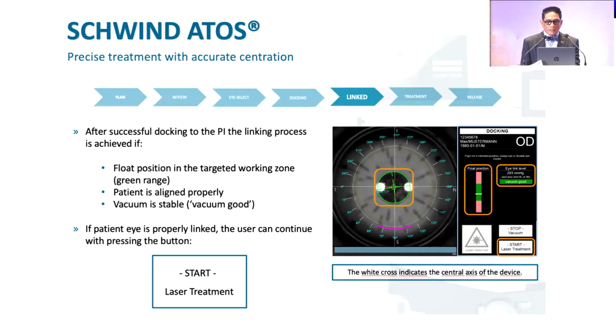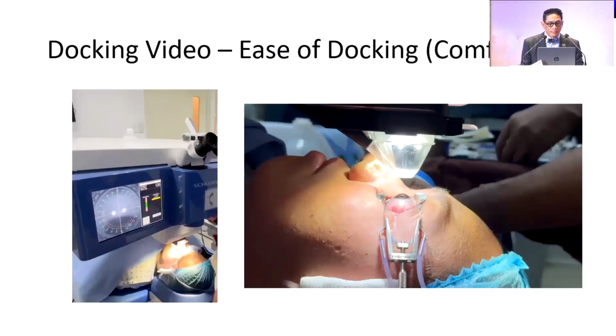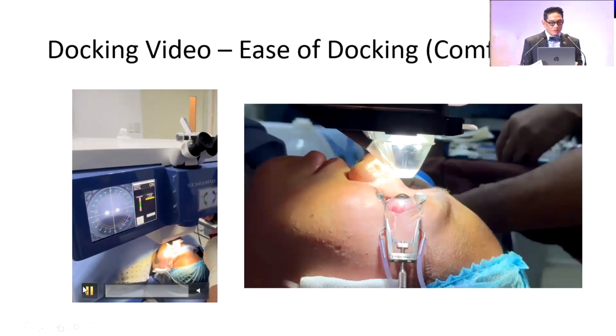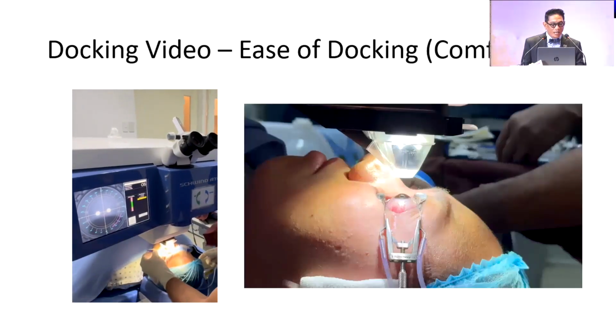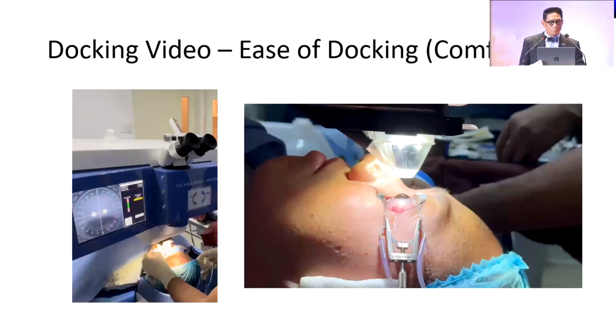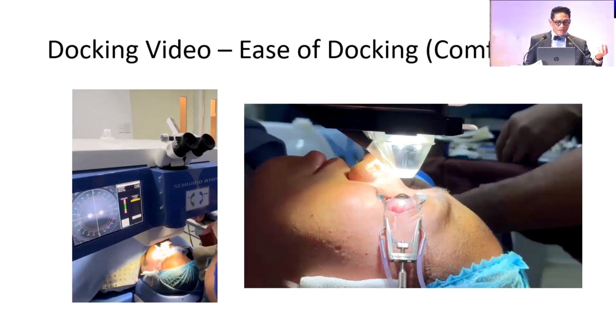Once you see the image on the left side with orange boxes, it's pretty simple. Once the orange boxes right here are green, then you can start the laser treatment. So this is just how we dock the machine to the eye, the interface.